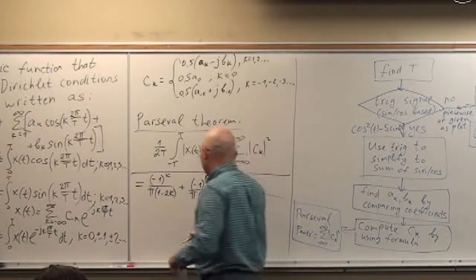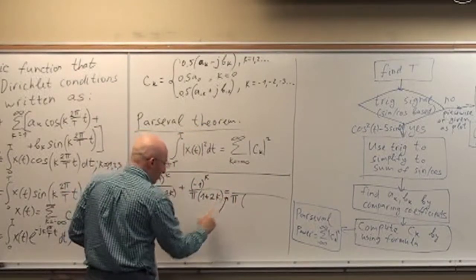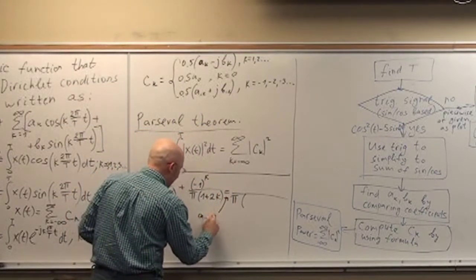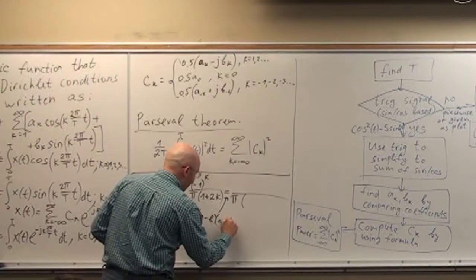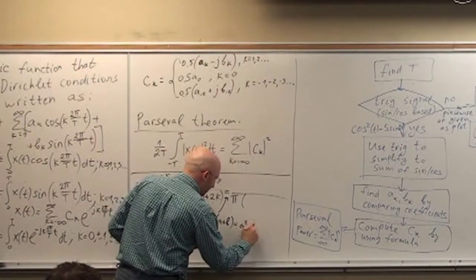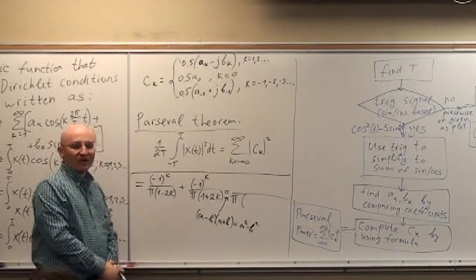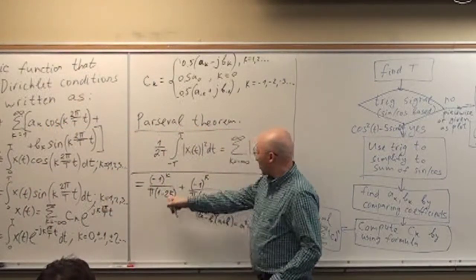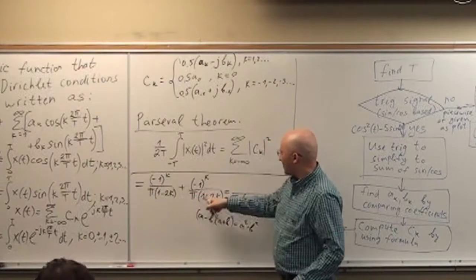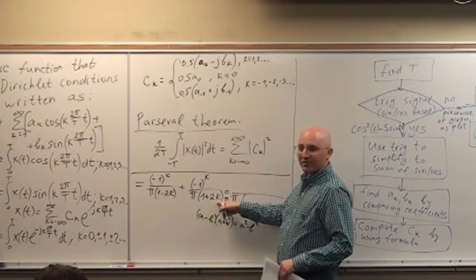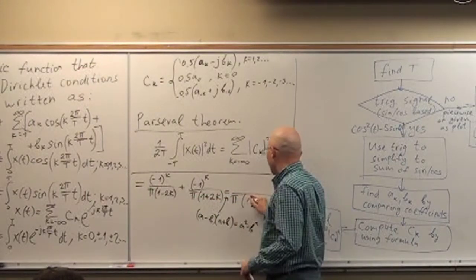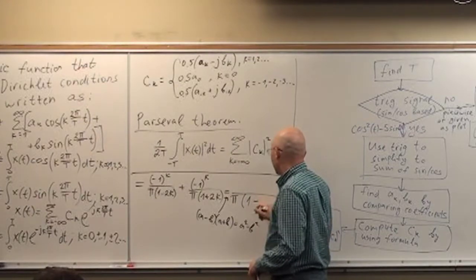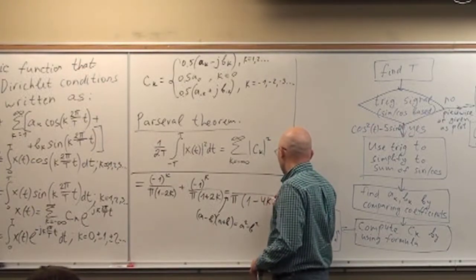How do you compute it? Remember that formula from algebra? That a minus b times a plus b equals a squared minus b squared. Very nice formula. Okay? So that's exactly what we are doing here. So you have something minus something times something plus that something. Right? So it will be 1 squared minus 4k squared.